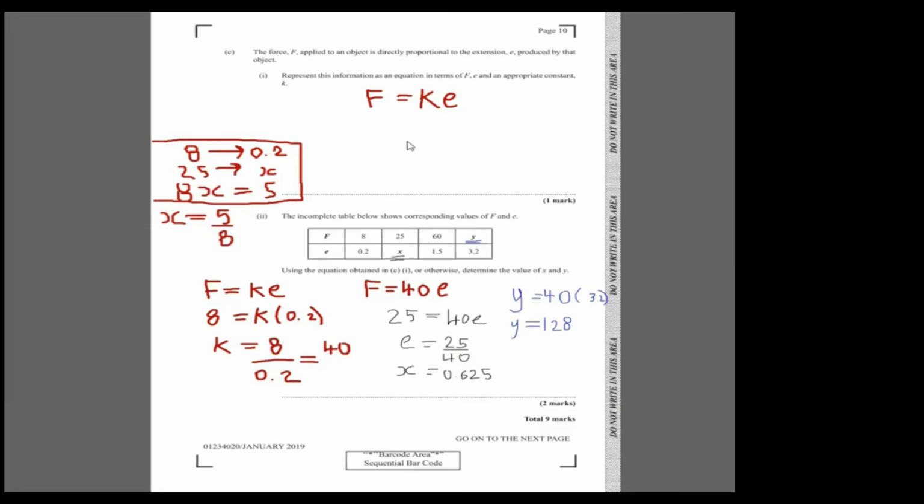An alternate method for getting y is, again, you start by saying 8 goes to 0.2, but this time we don't know the force, and the force is y, but y goes to 3.2. So you're going to cross multiply again and say y times 0.2, which is 0.2y, is equal to 8 times 3.2. 8 times 3.2, which is 25.6.